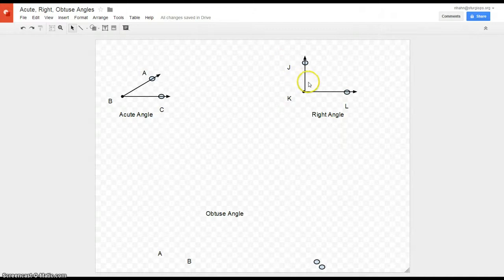But as you can see, this is a 90-degree angle, forms a square corner. It's called a right angle because it's 90 degrees.